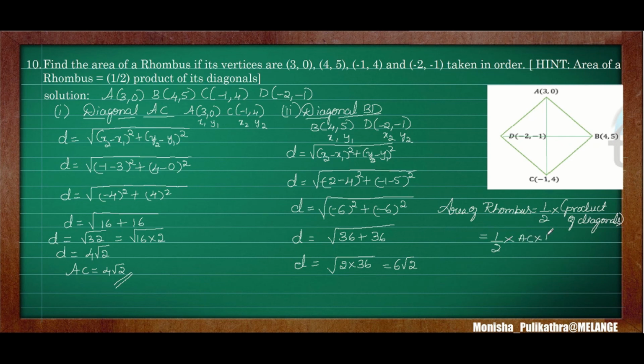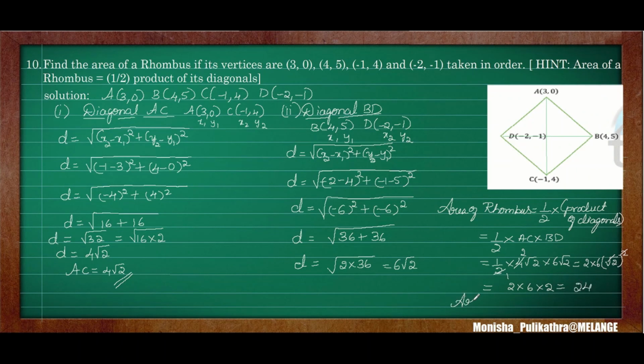So that is half into 4 root 2 into 6 root 2. Here 2 ones are 2, 2 twos are 4. So next 2 into 6, and root 2 is there, it will become root 2 whole square. Here square and root cancel each other. So remaining is 2 into 6 into 2. So 2 6s are 12, 12 2s are 24.